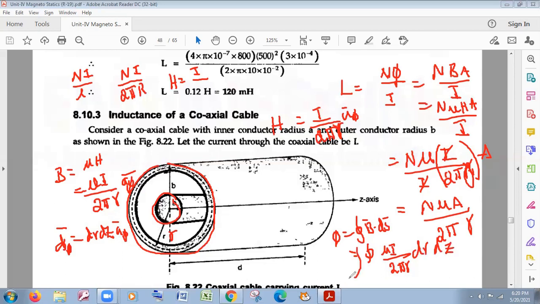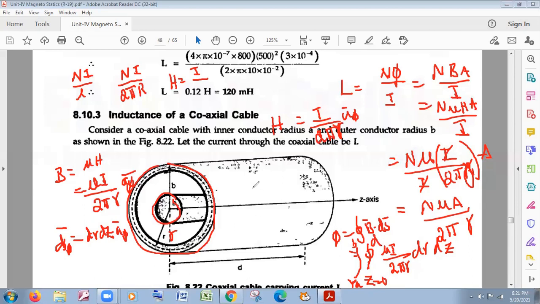For dr, one integral, r varies from a to b, because the radius inside is a and outside is b. Another integral is for z. The z distance is d, so z is equal to 0 to d.